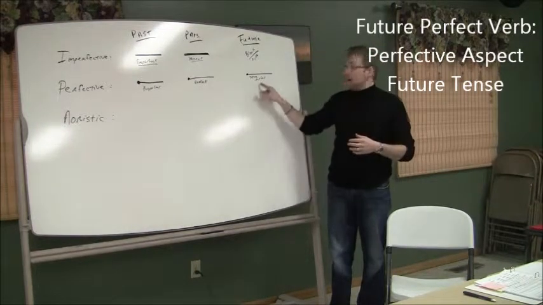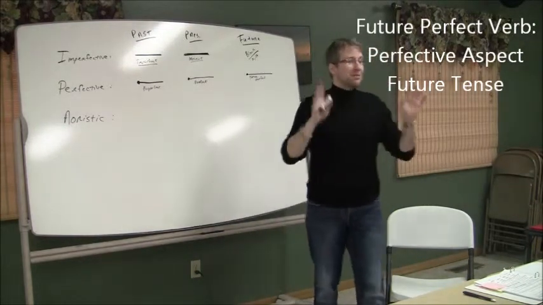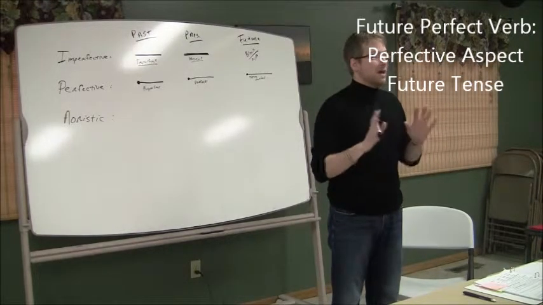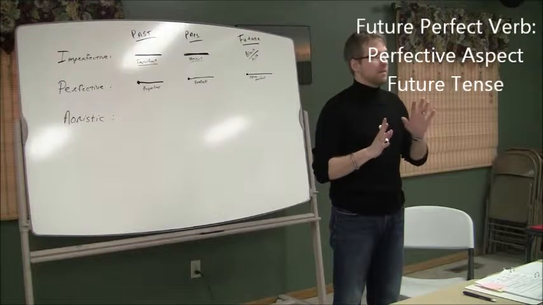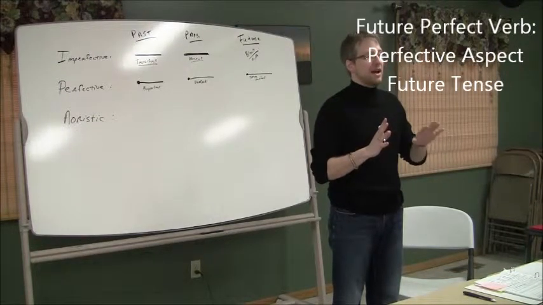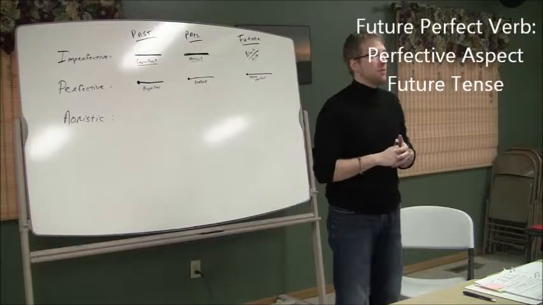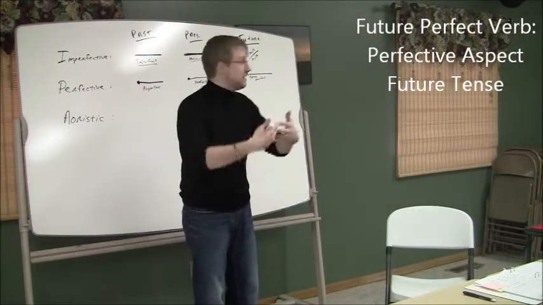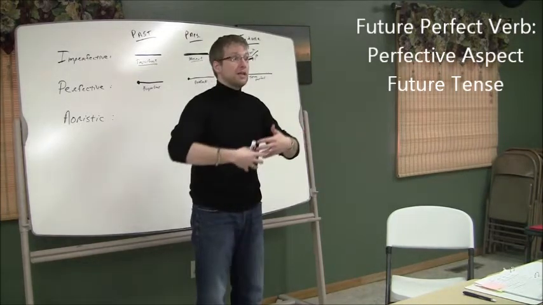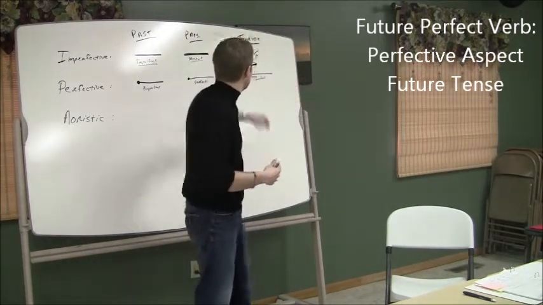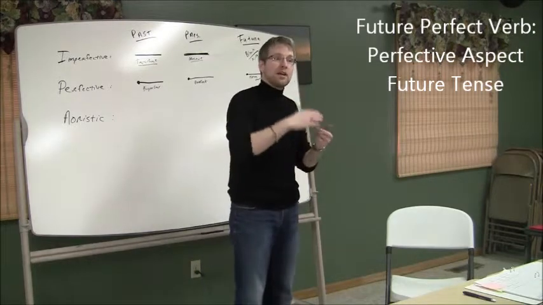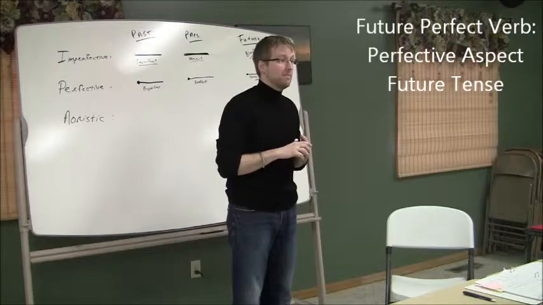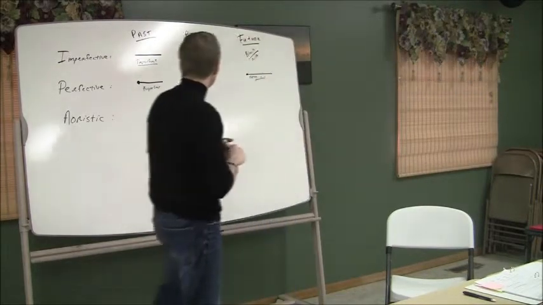You're going to see a couple of these in what book of the Bible would you guess? Revelation. I'm sure they're elsewhere, but I looked and couldn't find any. I know there are some in Revelation, where you think about the second coming of Christ. That event is not completed yet. Christ is coming back, and the impact of his second advent is going to have everlasting results that continue on. That makes sense?